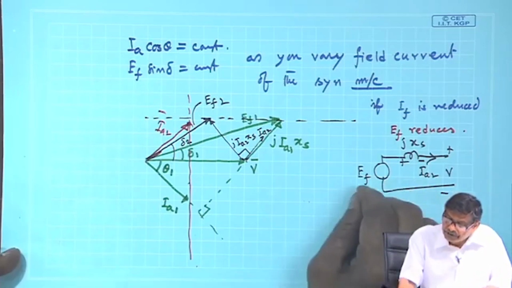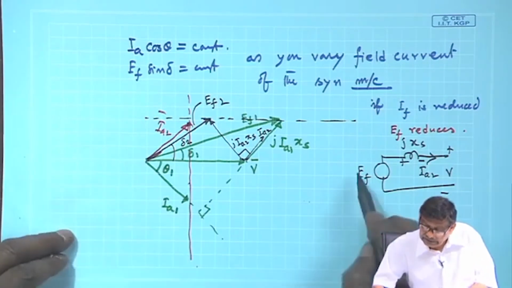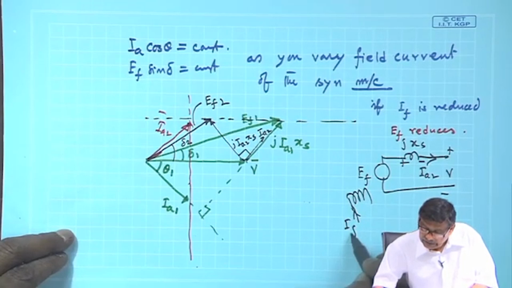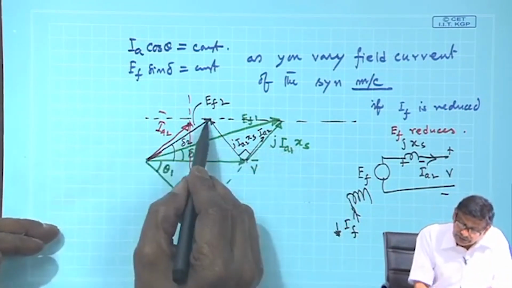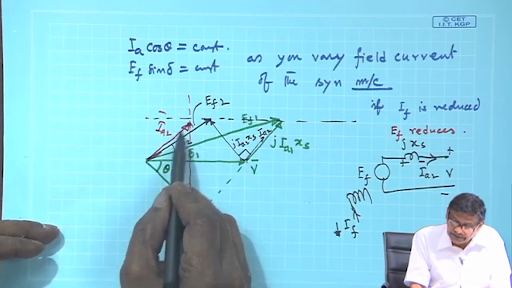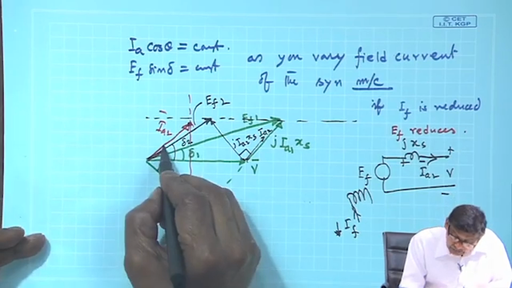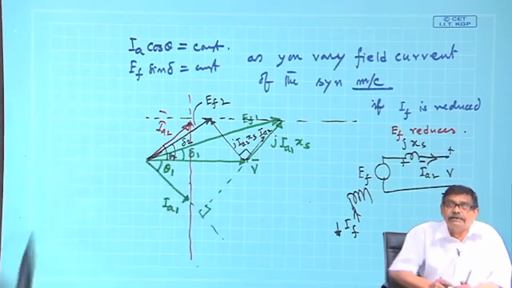Therefore, if you have reduced the field current of this generator, suppose this is the field current I f, and I have reduced it. So, the new excitation voltage will be E f2, the new armature current will be I a2, and the new power factor angle will be this, and it will be leading.